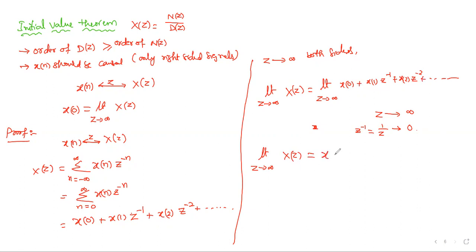Only x of 0 remains. So this is the formula used to find the initial value for the given signal.